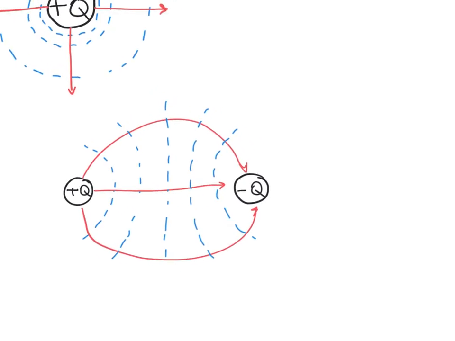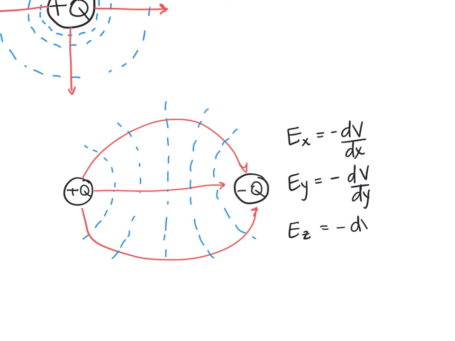And so we could then write our electric field in the x direction as the negative of the derivative of the electric potential with respect to the change in position x. The electric field component, maybe in the y direction, would be negative of the derivative of the electric potential function with respect to y. Electric field could have a z component, which would be negative dV dz, to find the component of the electric field in the z direction.